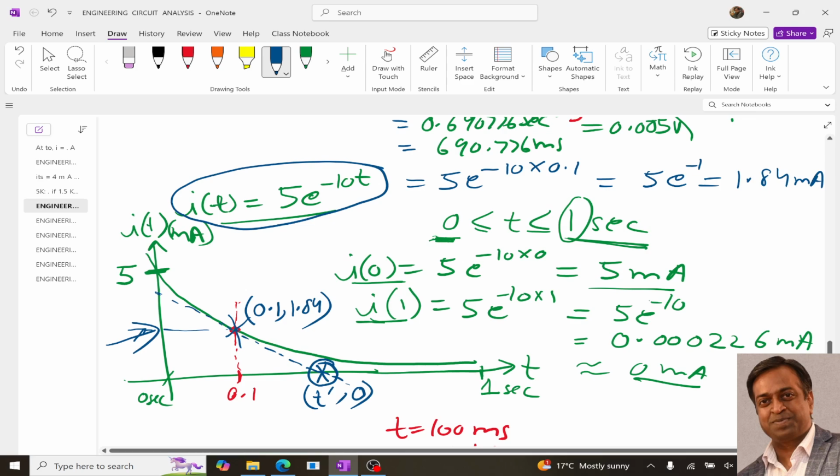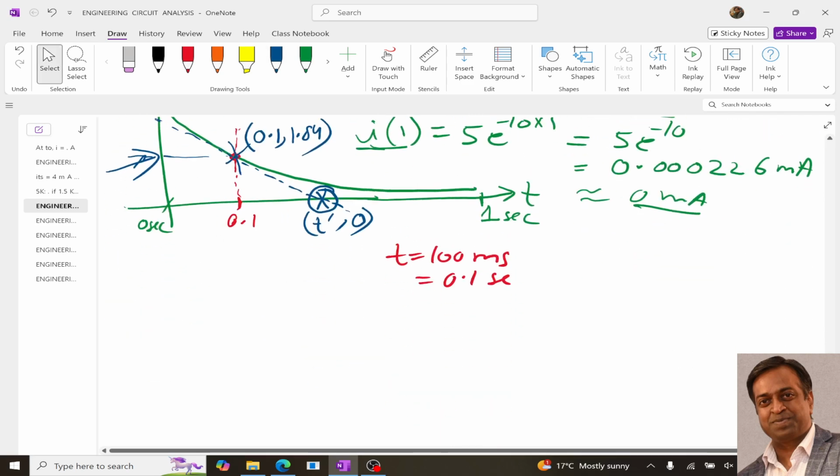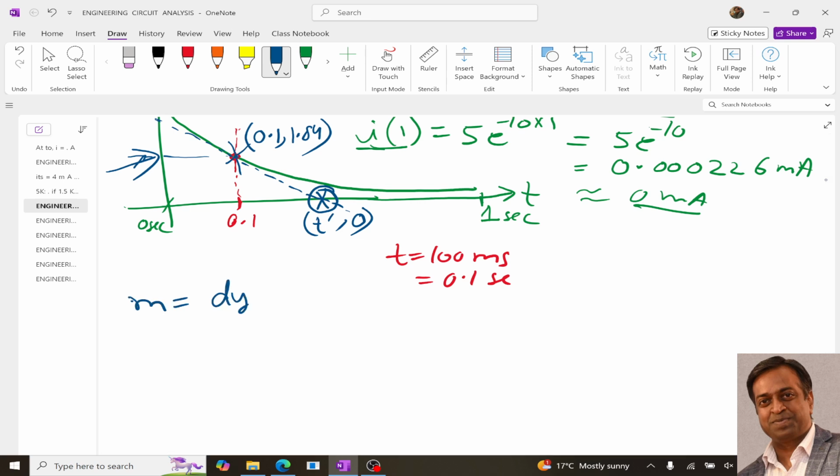After that, whenever we want to draw the tangent, because tangent is a straight line, to get the equation of a straight line, we need to determine the slope. So how are we going to determine the slope? By taking the differentiation, because we know that the slope m is dy by dx.